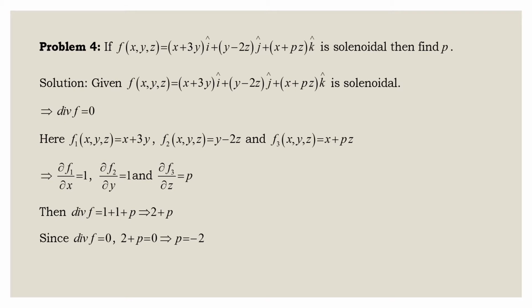But our given vector field is solenoidal, so its divergence is 0. If we equate div f equals 0, we obtain p plus 2 equals 0. From this, the p value is minus 2. So the given vector field becomes solenoidal whenever p equals minus 2.